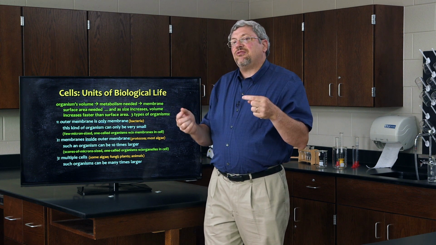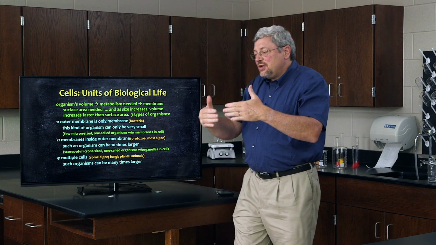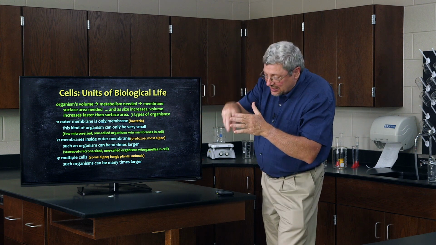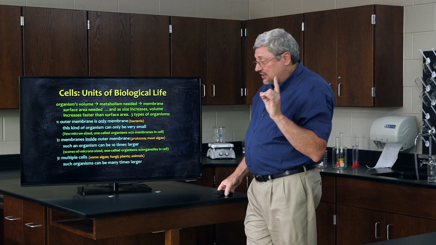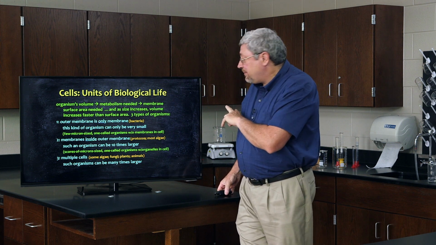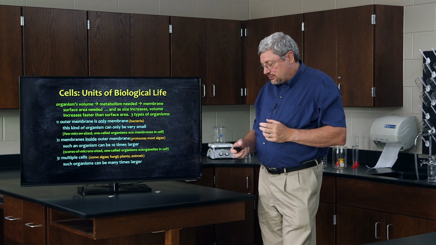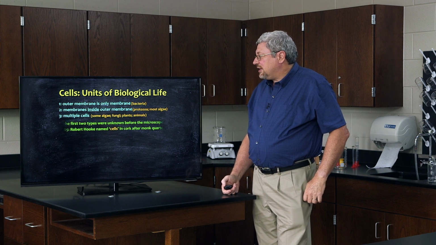These are cells that have true bodies inside the cell. They have organelles inside the cell. These are cells with membranes on the outside of the cell and inside the cell. They are still one-celled. These are protozoa and most algae. And then the third group are the organisms with multiple cells that can grow to very large size.